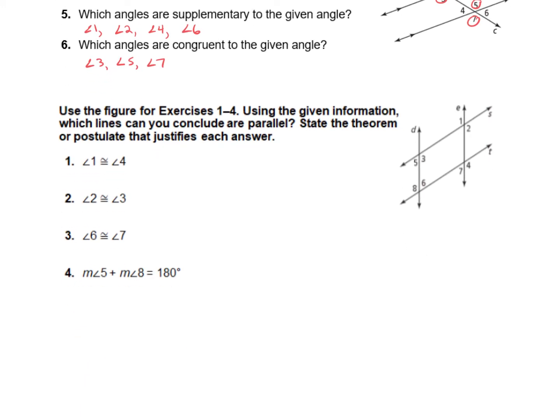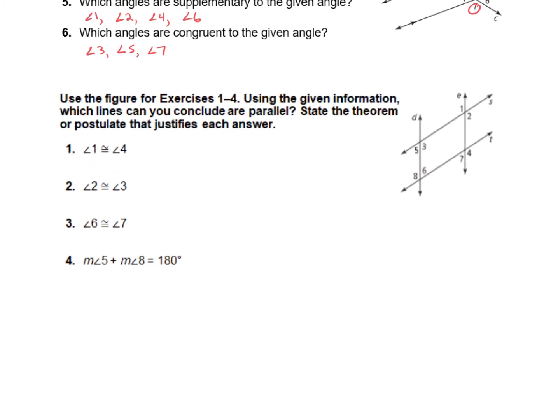All right. Use the figure for exercises 1 through 4. Using the given information, which lines can you conclude are parallel? State the theorem or postulate that justifies each answer. If we're given that angle 1 is congruent to angle 4, here's angle 1, here's angle 4, I want to draw the line that connects those. This is your transversal, which means these would be your parallel lines.